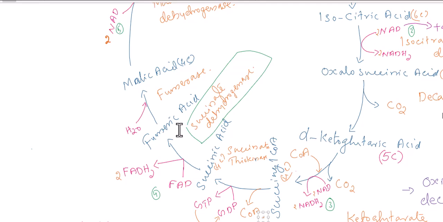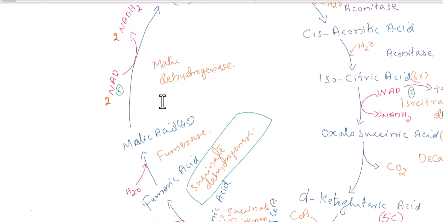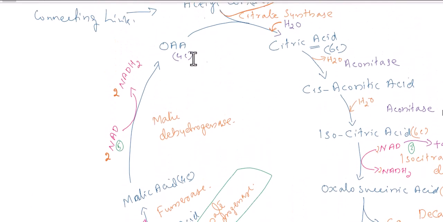Then remaining 2 more steps are there. Fumaric acid gets converted to malic acid, by fumarase, not important. In the last step, malic acid becomes oxaloacetic acid. Again this is an oxidation process.